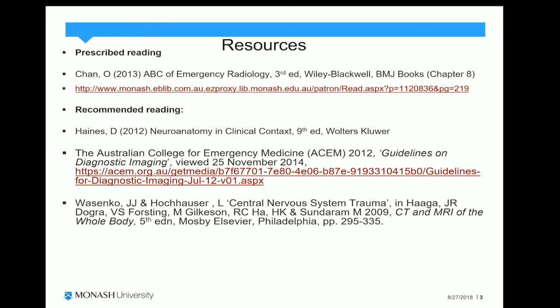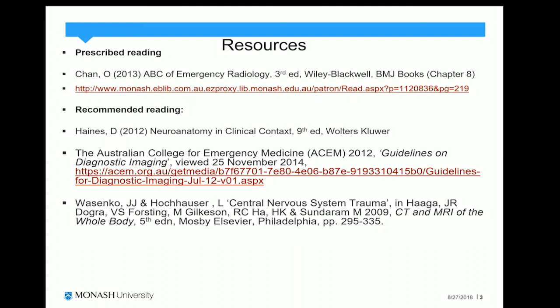So some of the resources, I'm going to refer you again to Otto Chan's book, and it's chapter 8, which is on the head, and that focuses on CT scans of the brain. It includes the ABC search strategy for the brain, but also some of the important traumatic as well as stroke conditions.